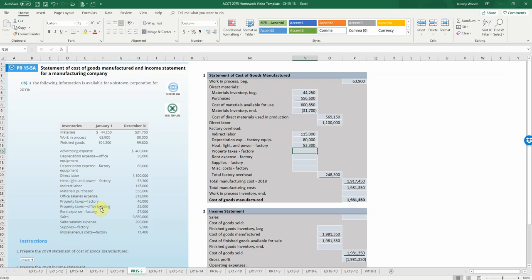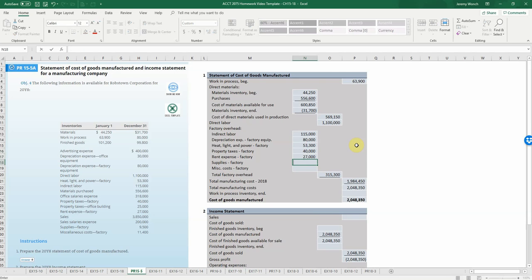So property taxes on the office is a period expense, while property taxes on the factory is overhead, a product cost, which goes into our inventory. That's going to be 40,000. The rent expense related to the factory is 27,000. Other miscellaneous factory cost is 11,000.